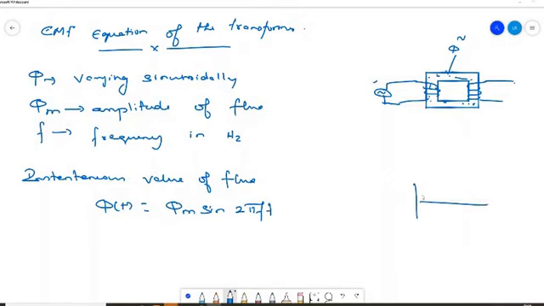So this actually looks something like this. This is phi m and this is minus phi m.